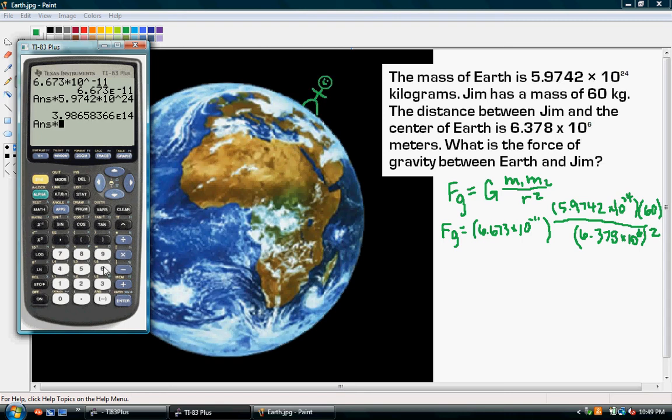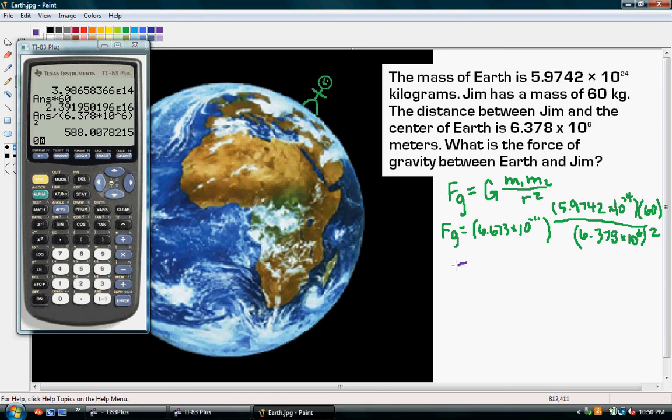We can multiply that by Jim's mass, which is 60, and then divide by 6.378 times 10 to the 6th squared, and we get 588. So the force of gravity between Jim and the Earth is 588 newtons.